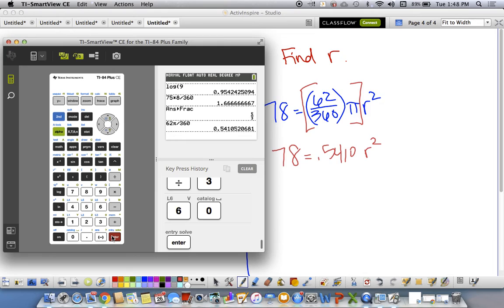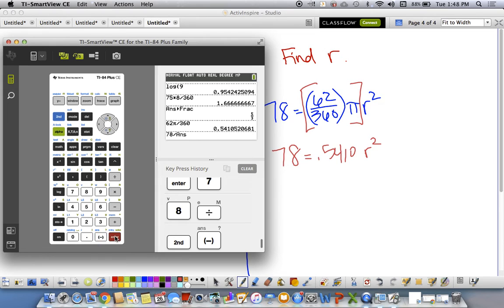Okay? Don't clear your calculators. Number one, don't. Just don't. You hit 78 divided by... There's a second answer button that's going to pull the previous answer down there so you don't type all those numbers again. Hit second, and the answer button is down here right beside enter.